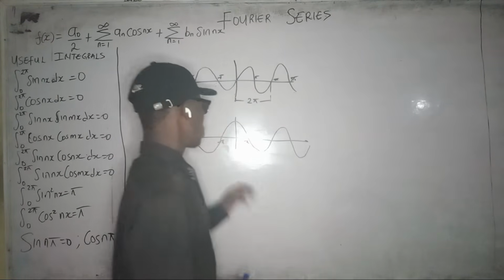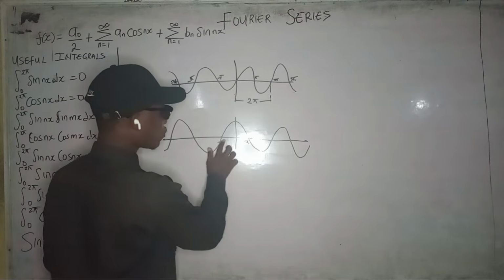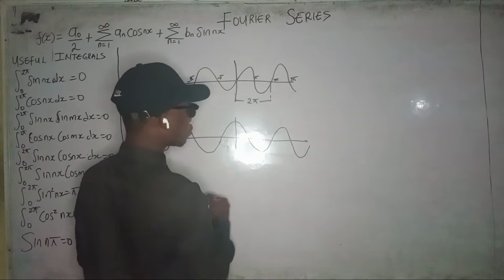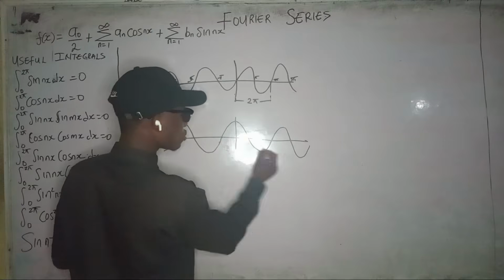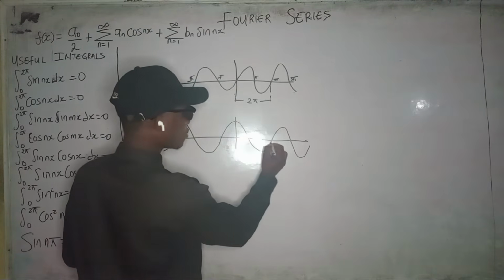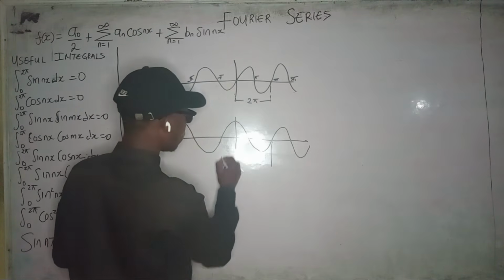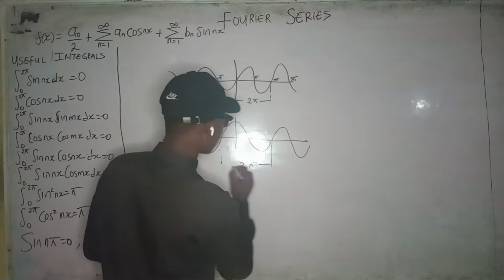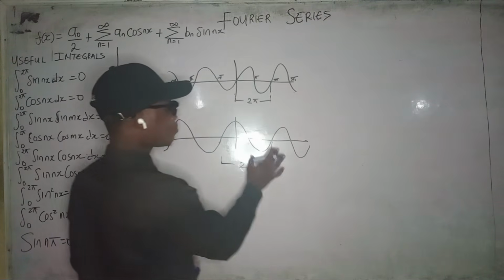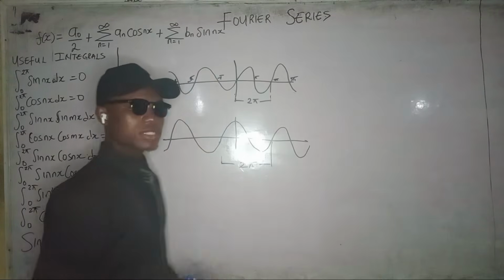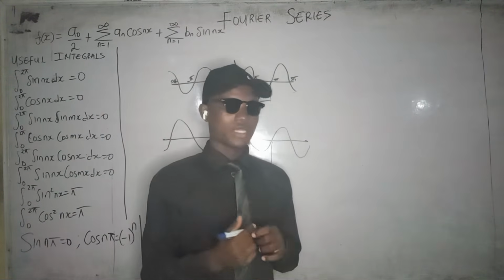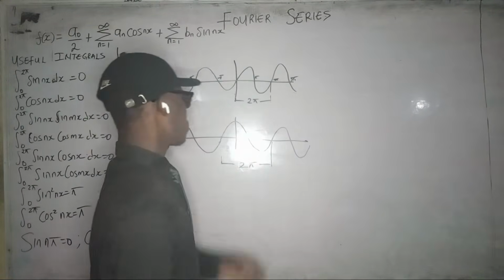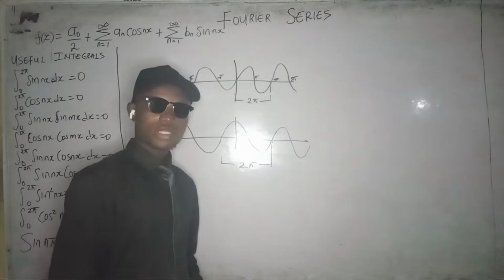That is a periodic function, whereby the entire period is from here to here. The time that it takes to complete a full sinusoidal function is 2 pi, which is the period. Over this period of 2 pi, it keeps repeating itself over and over again. So this is an example of what a periodic function is like.